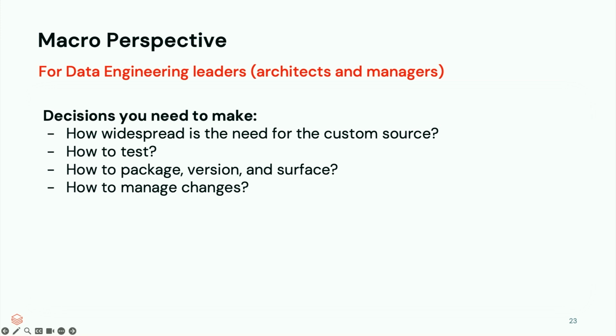For the macro perspective, if you're a manager or architect thinking of how we get this reused across the enterprise, and maybe it doesn't need to be reused, but in some industries you might want to roll this once. So you want to think: how many other teams need this? How can we test this as an independent component, put it in its own CI/CD pipeline and version it? And then how do you manage changes?